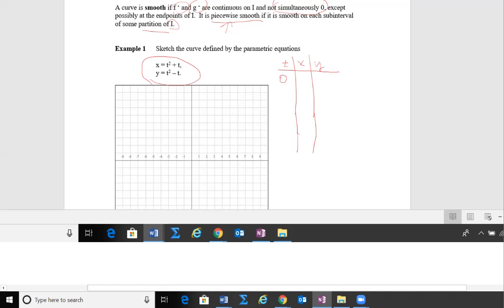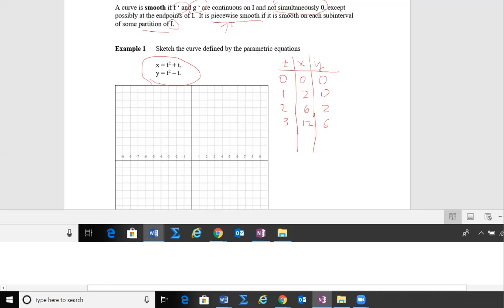When t is 0, both x and y are 0 from the equations. When t is 1, x is 2 and y is 0. When t is 2, we have 6 for x and 4 minus 2 is 2 for y. When t is 3, for the x, 3 squared plus 3 is 12, and 3 squared minus 3 is 6 for that y coordinate.